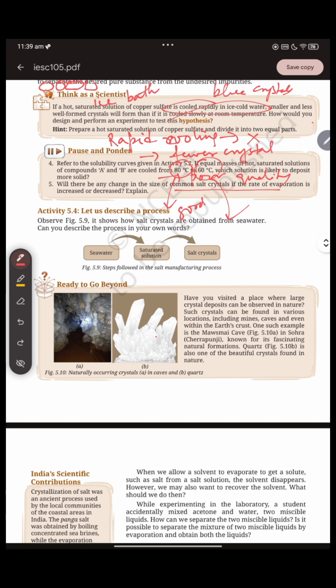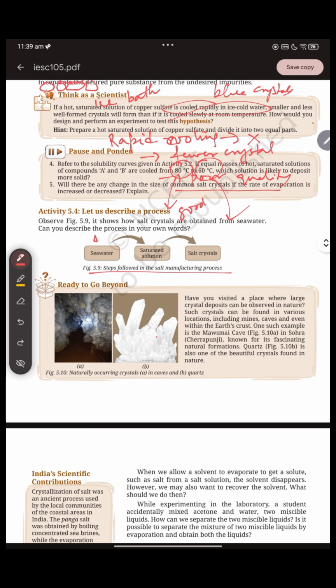So temperature is one of the factors. So this is how you are showing how salt can be obtained from seawater. Seawater can be heated to form a saturated solution, and then it can be gradually cooled in order to obtain the salt crystals. And these are some crystals that we are seeing over here, naturally occurring crystals in caves and quartz. These are the naturally occurring crystals.